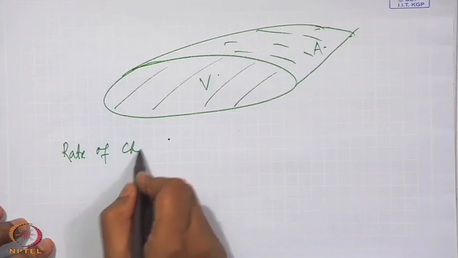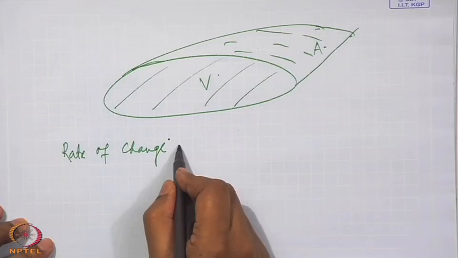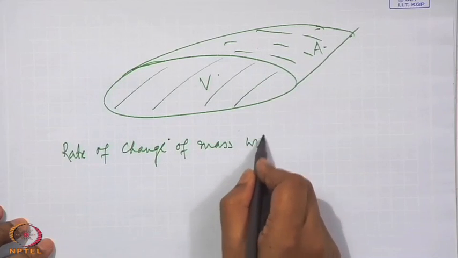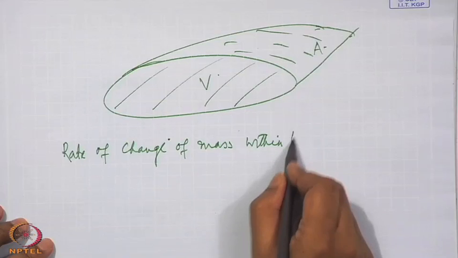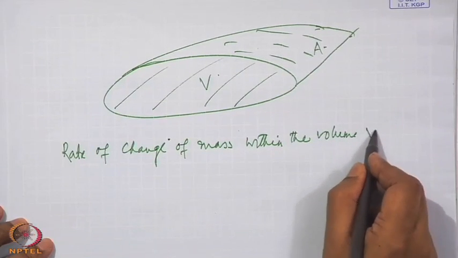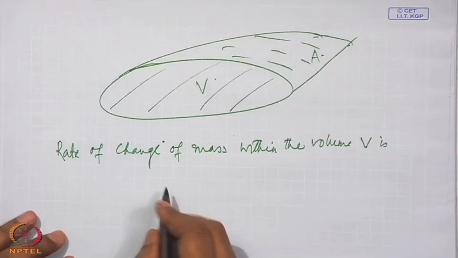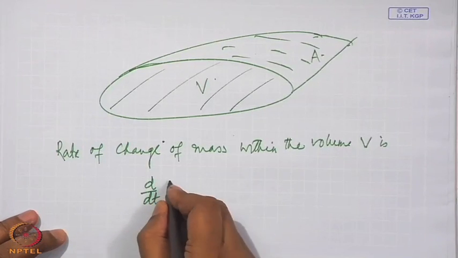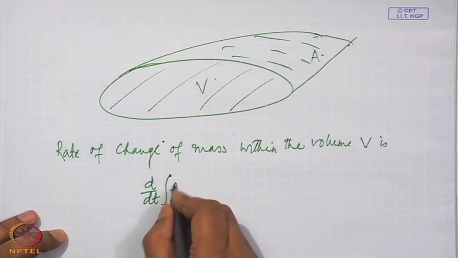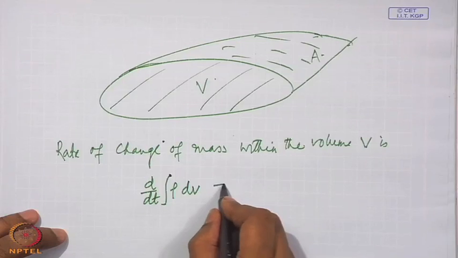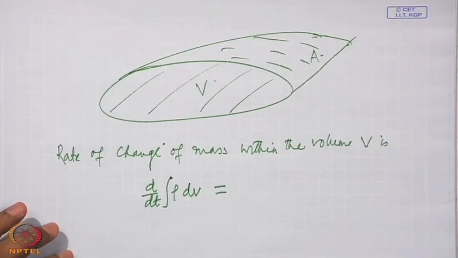The rate of change of mass within the volume V is once again d dt of rho dV.